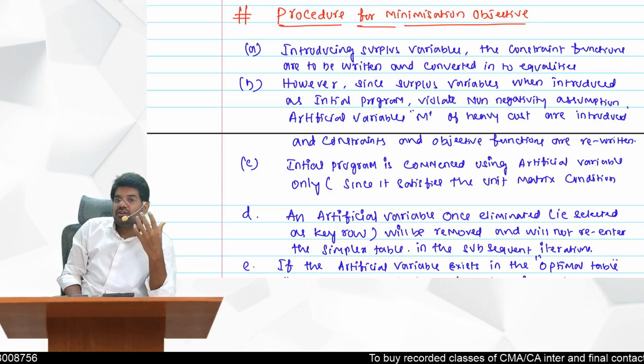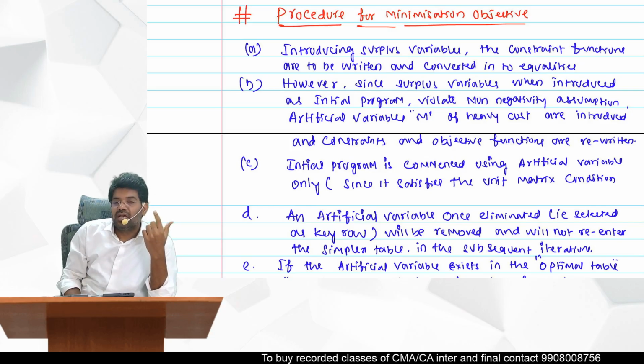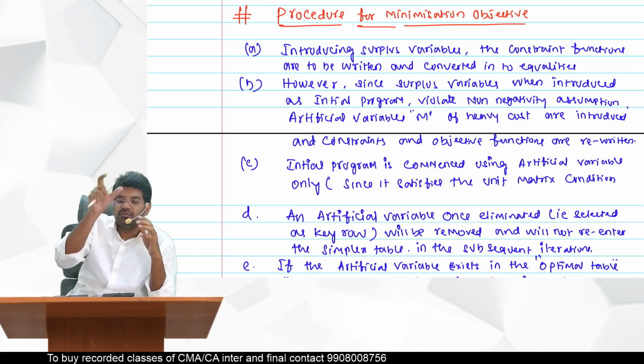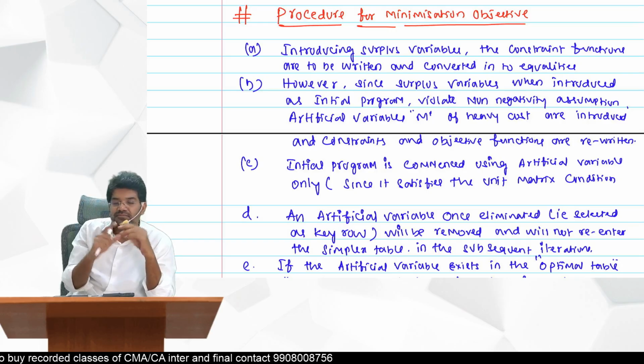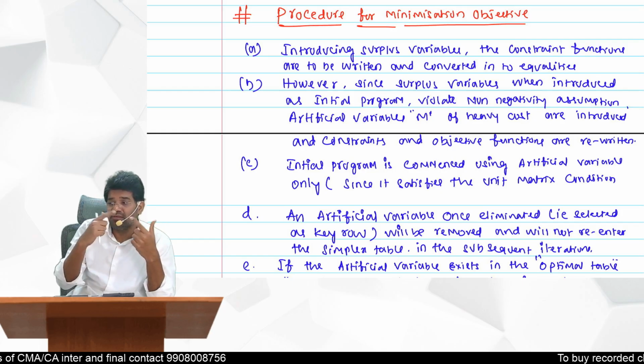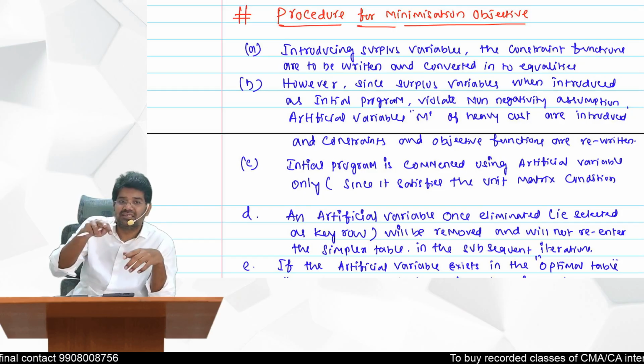So here we introduce surplus variables as well as artificial variables. Both we will introduce. Okay, this you remember. And here, for program variables, you should start with artificial variables only, because surplus variables in constraints we will subtract.